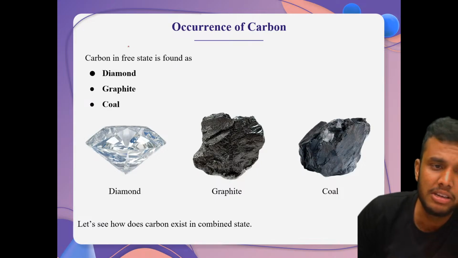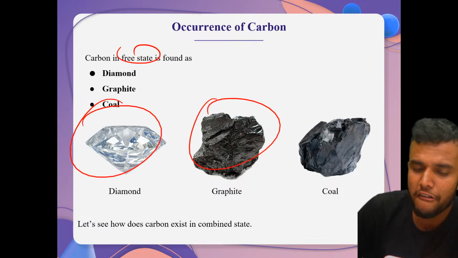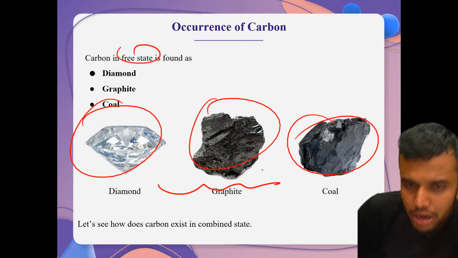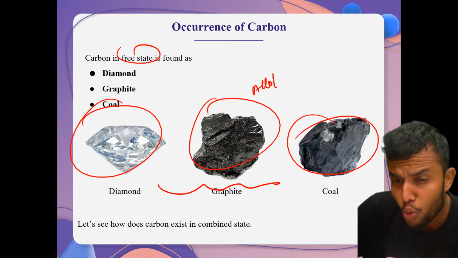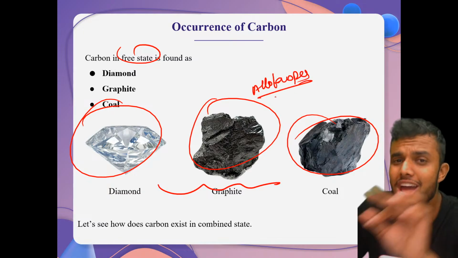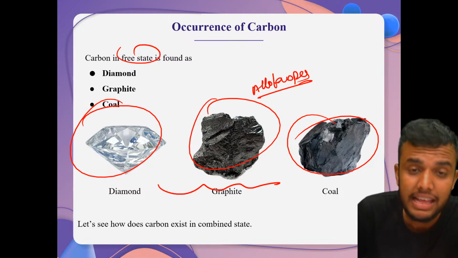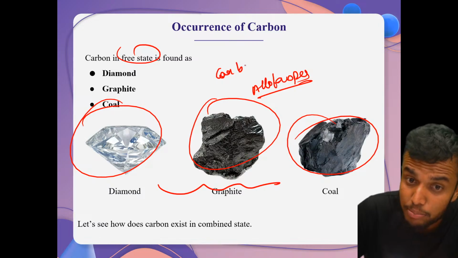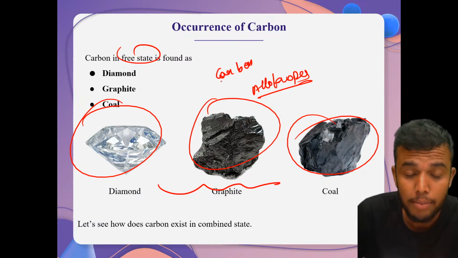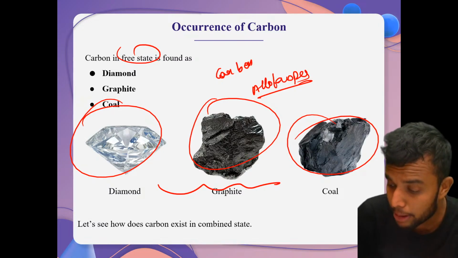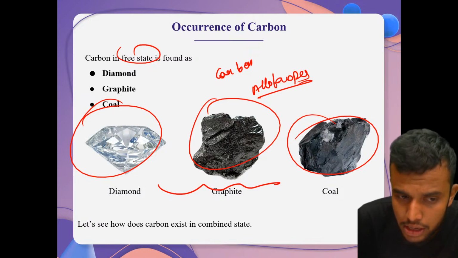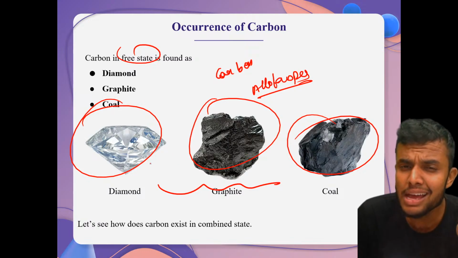Then carbon in the free state occurs as diamond, graphite, and coal. These three are called allotropes of carbon. What is the meaning of allotrope, students? Very simple. Everything consists of carbon only. But what happened here? Look here, diamond is the hardest and looks wow.